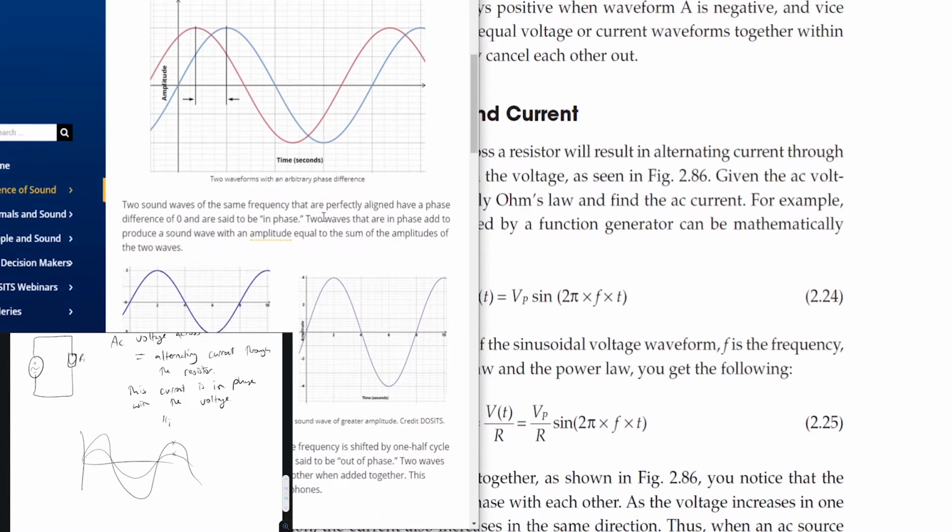So the current is in phase with the voltage. In phase then means perfectly aligned. That's an important point for me.